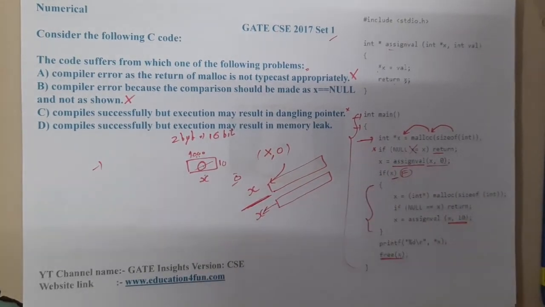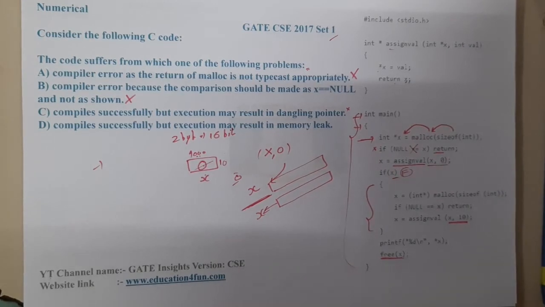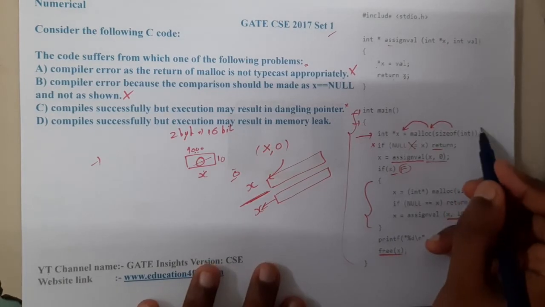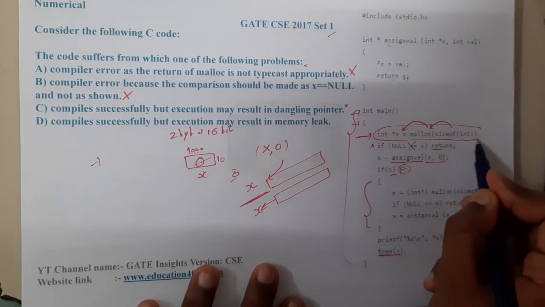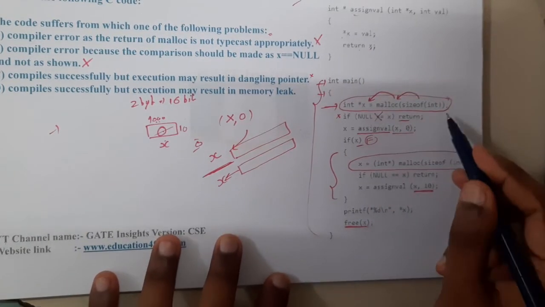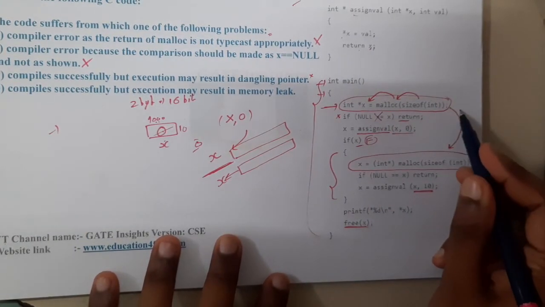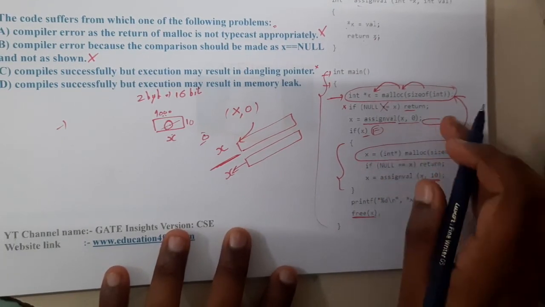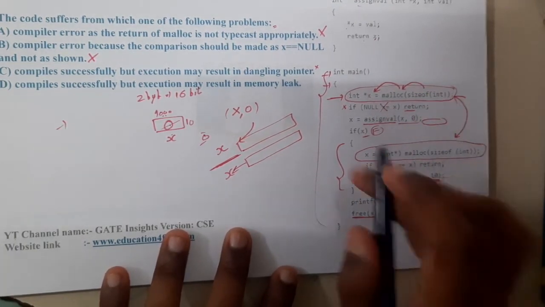This concept is called a memory leak. If you observe the code carefully, here we created *x, and again here we are using it to assign the value. So two times you are assigning without freeing the space. If there were a free statement it would be okay, but here it is not there, so this will lead to a memory leak.